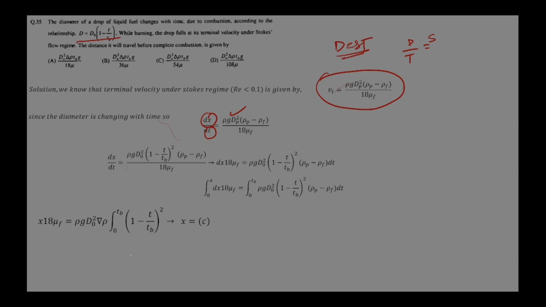So x is equal to rho g d naught square del rho upon 18 mu f, and this integration from 0 to tB of (1 minus t upon tB) squared dt. Now when you solve this you will get answer C.